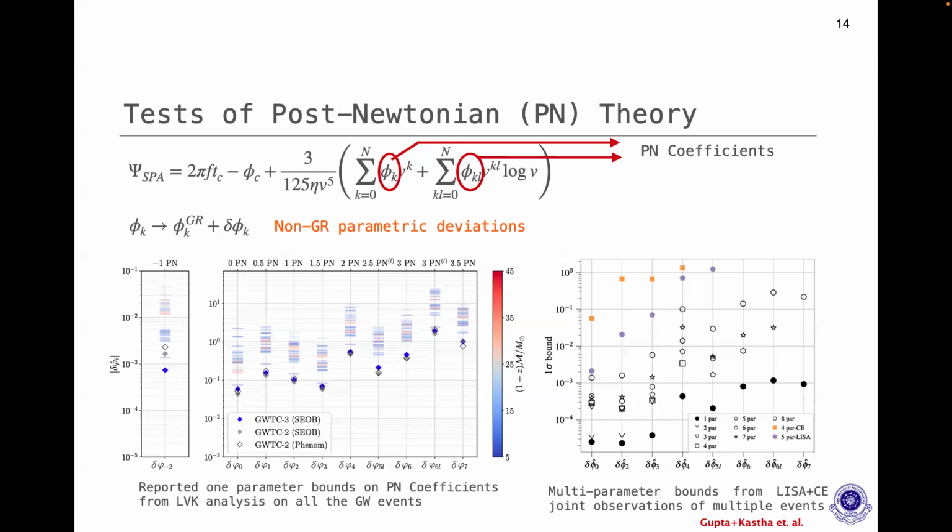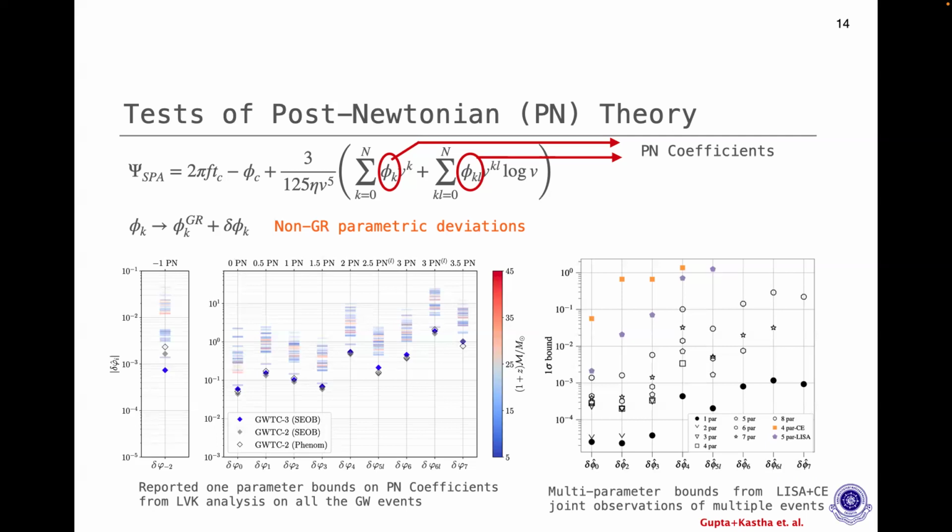Right. So the blue diamonds are basically the bounds on these delta phi's from GWTC-3, that is, all the events detected so far up to the third observing run. In the left-hand side plot, delta phi 0 or delta phi 1 is the v/c order correction, right, for the phase?